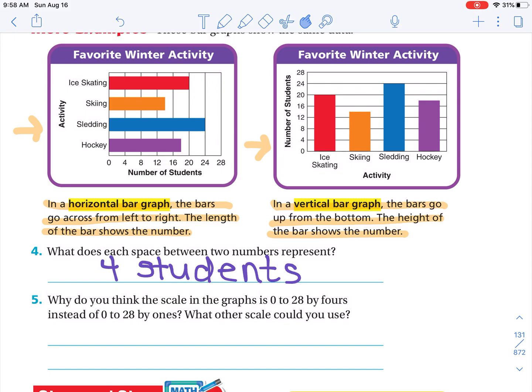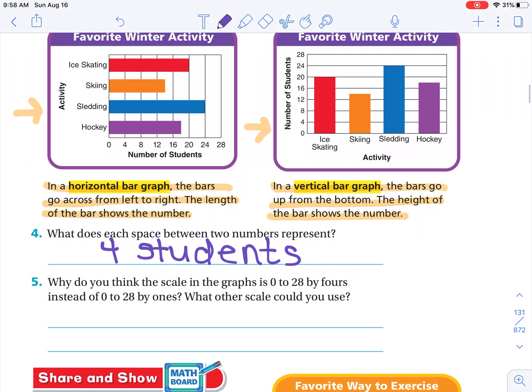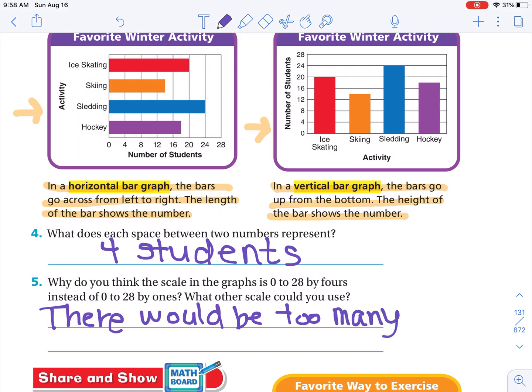All right, let's write that down. There, need my pen. There would be too many numbers to fit on the page.